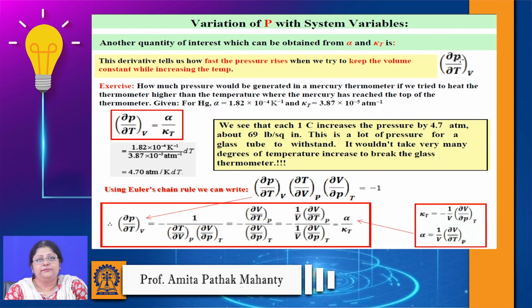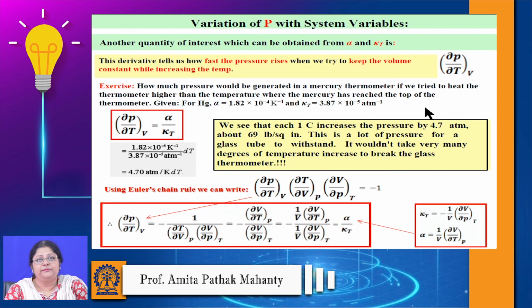Similarly, you can have how the pressure changes with temperature. How the pressure changes with temperature, here again we apply the cyclic rule. Pressure being a function of temperature and volume both, then we can write how pressure is changing with temperature at constant volume, then how temperature is changing with volume keeping pressure constant, then how volume is changing with pressure keeping temperature constant, should be equal to -1.